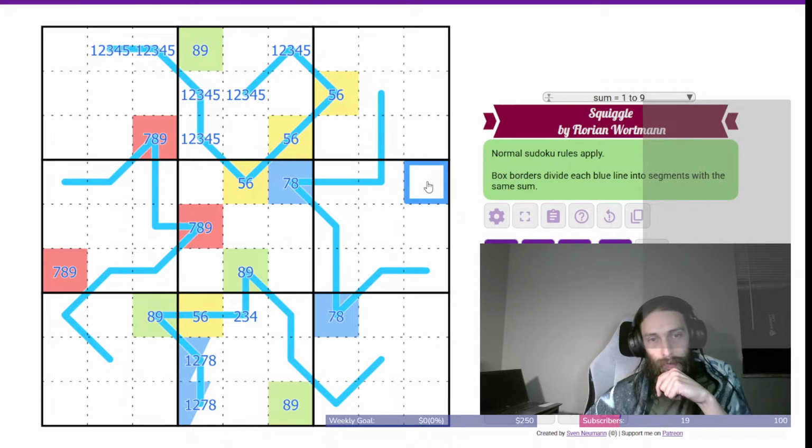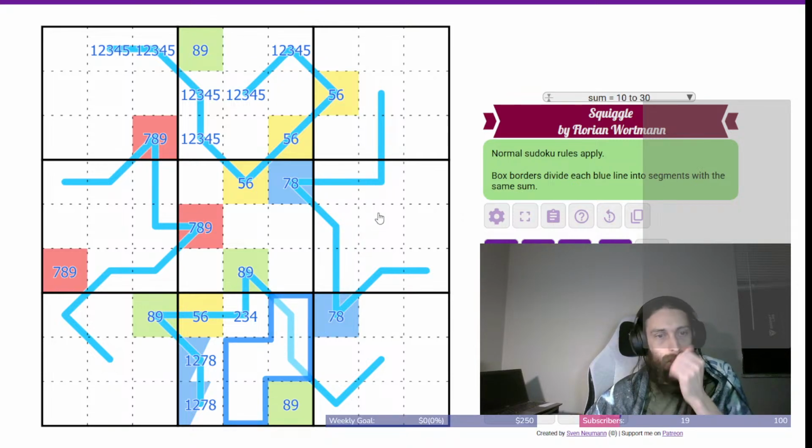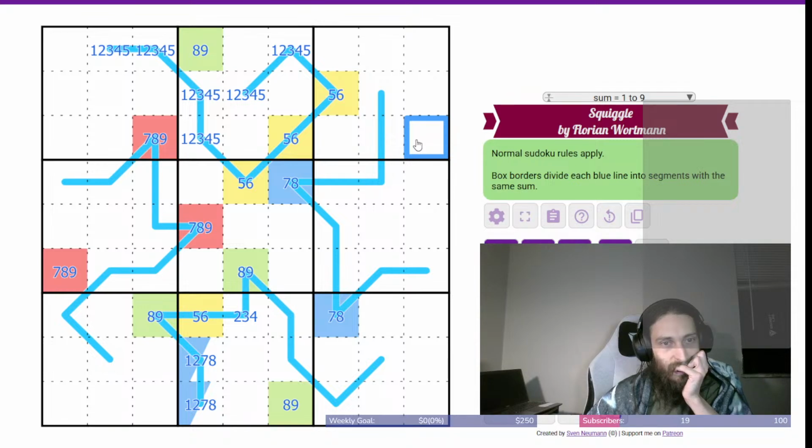So here. Well, we know red and blue. Well, yeah, red and blue are 2 of those in box 2.